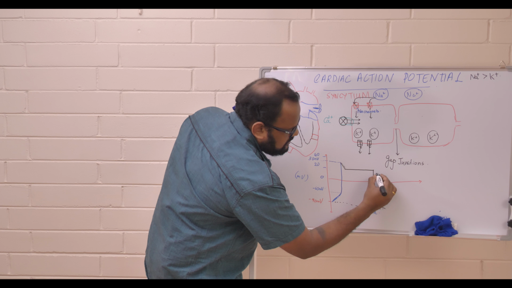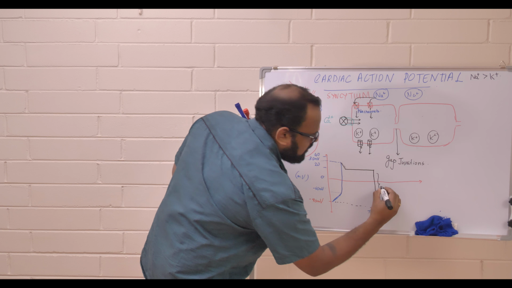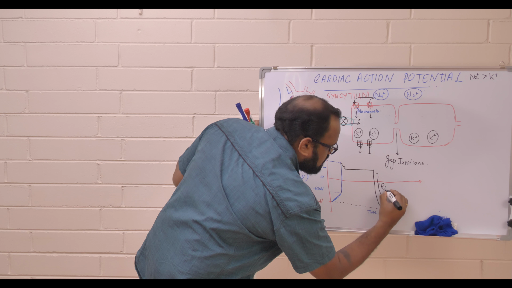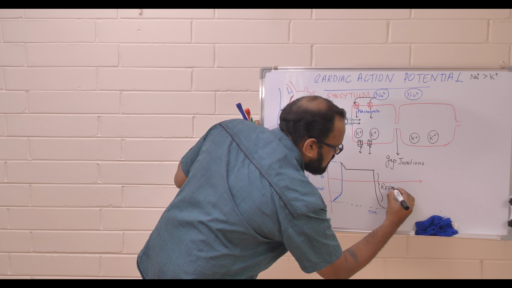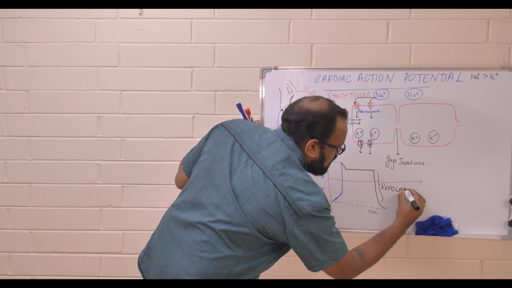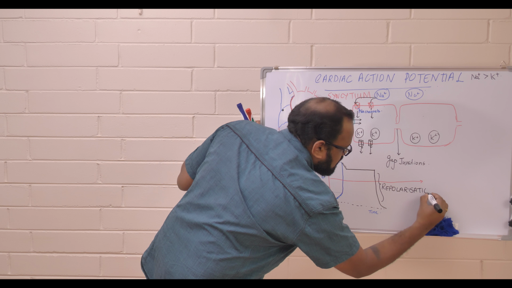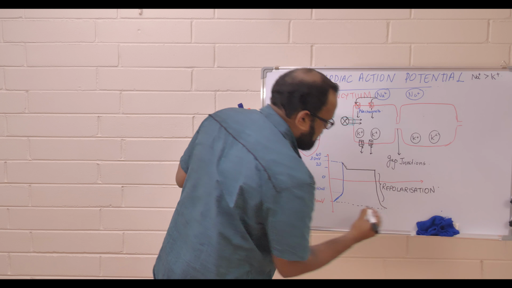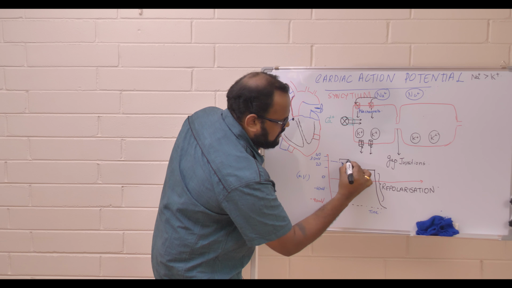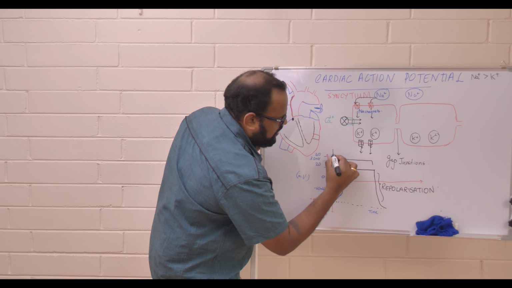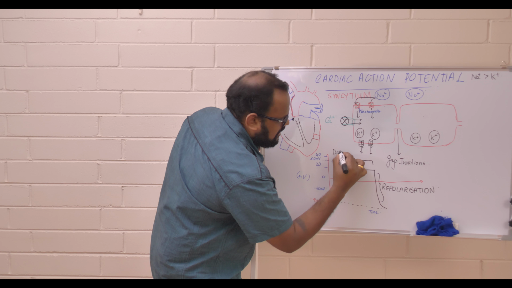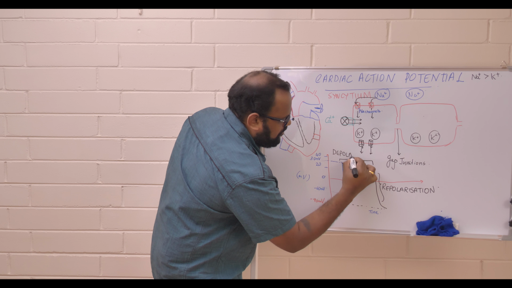So this stage we call the repolarization. Repolarization means this stage where your cell goes into electronegativity again. And this stage I call the depolarization, where your cell is starting to become more positive.